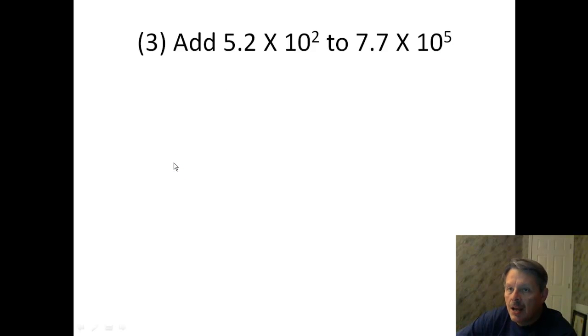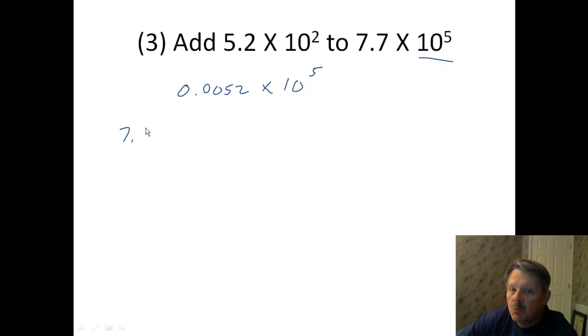All right. I notice I have something that's 10 to the second and 10 to the fifth. I am going to choose 10 to the fifth. I could choose either one, but only one of them is going to work directly into scientific notation. Now if I put this times 10 to the fifth, I have made this number bigger by 3 times, so I have to move my decimal point 0.0052. I have to move it 3 times to my left.